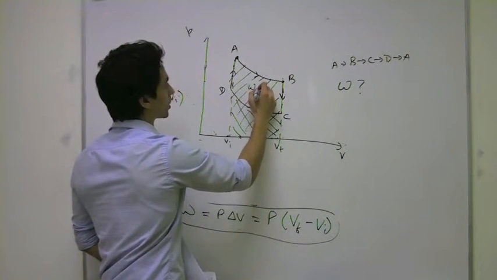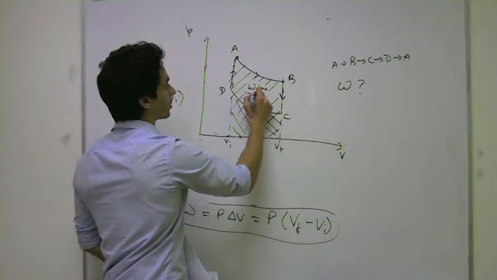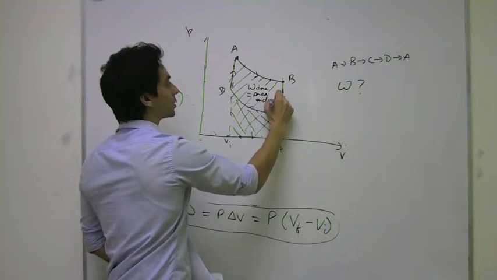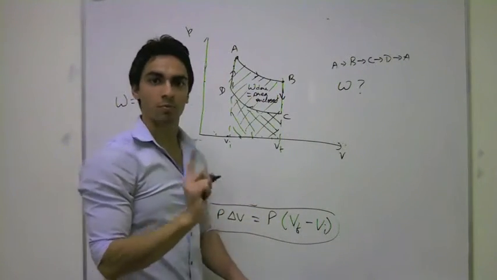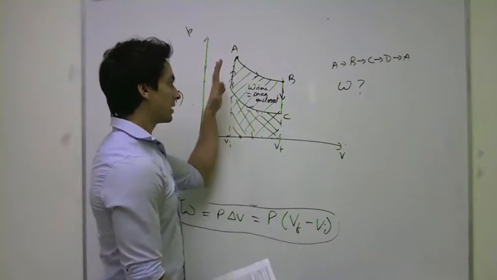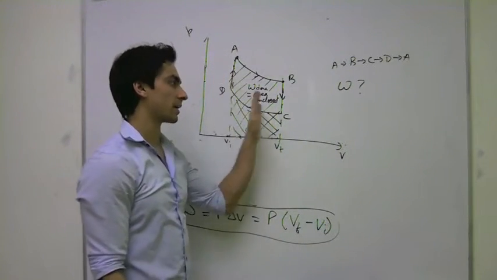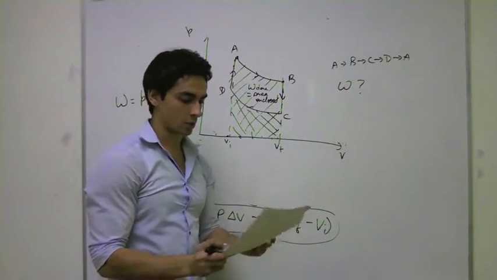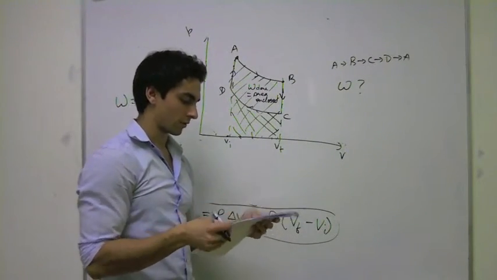So this is the work done by the gas in one complete cycle. Sometimes in exam situations, they might just ask for the work done by the gas in one step, even though they've given the complete cycle. So students need to be a little wary of that.